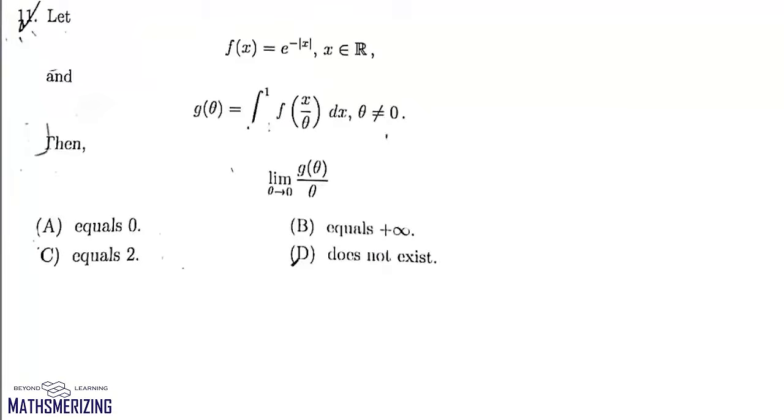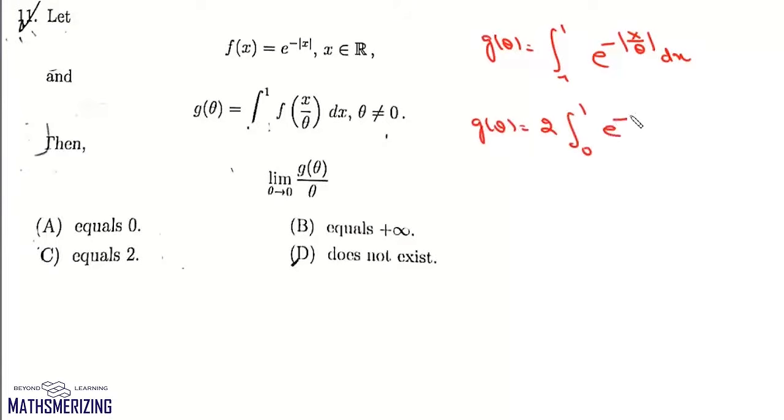Here the question is f(x) is e to the power minus mod x, and we are given this g(theta), which is the integral from minus 1 to 1 of f(x upon theta), which is e to the power minus mod of x upon theta, dx. Now this function is an even function, so we can write g(theta) as 2 times the integral from 0 to 1 of e to the power minus mod x upon mod theta dx.